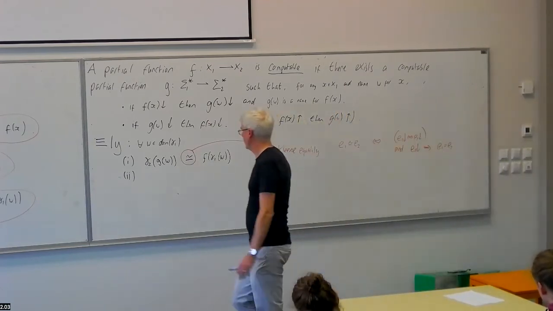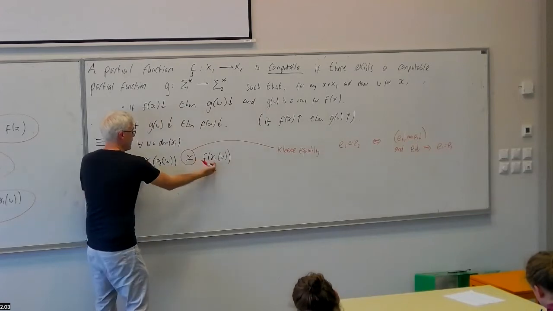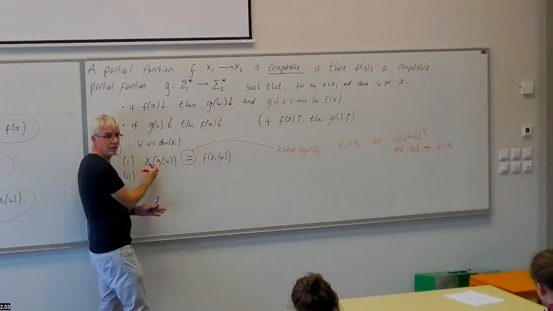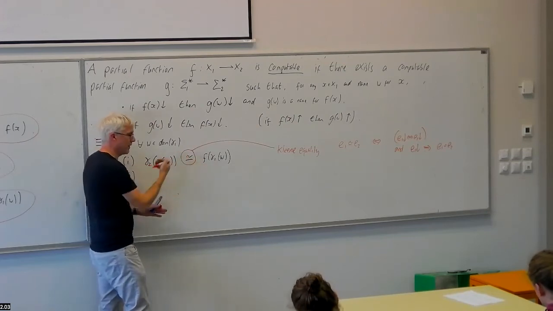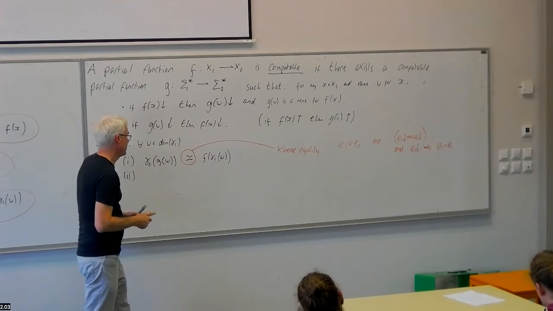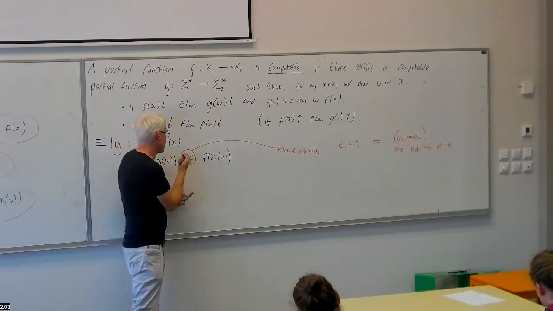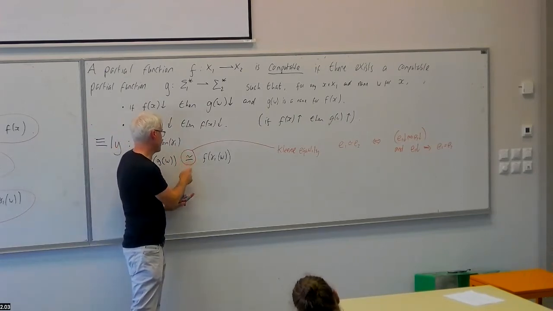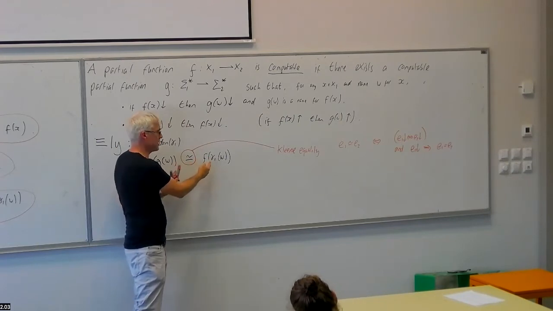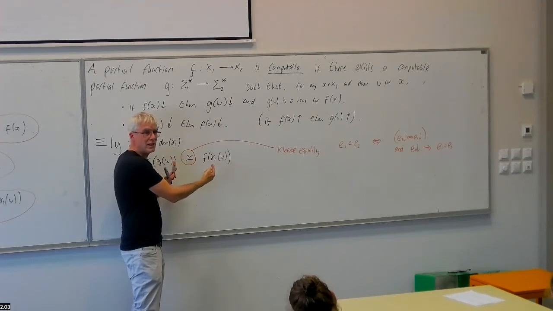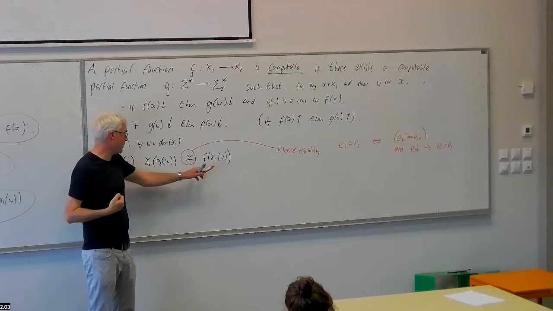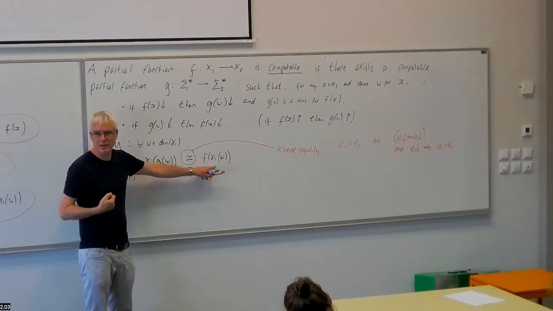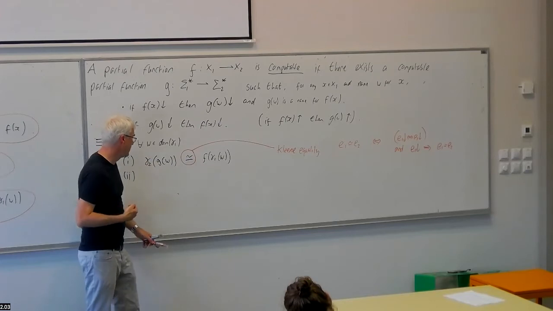So basically, if either side is undefined, then so is the other. And if one side is defined, then both sides are defined and they are equal. It's a bit fiddly, but it's useful to use this relation whenever you're talking about equality between expressions that might be undefined, in order to alert the reader to take care that there's some partiality there. Okay.